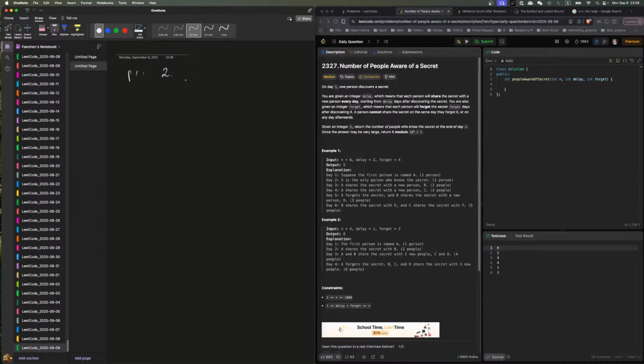And we need to also consider forget. So for each person, I know the range of days that it can produce.